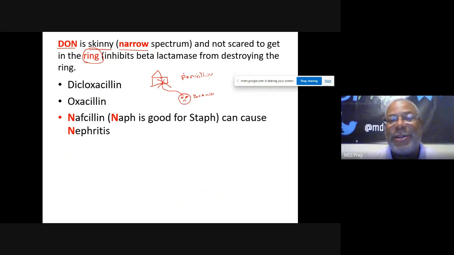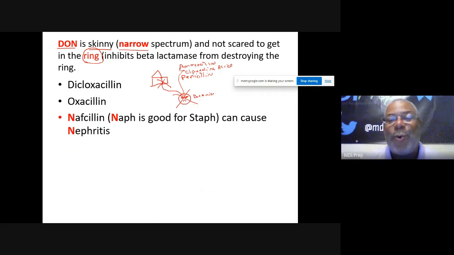So let's just say we're talking about amoxicillin here, right? So amoxicillin says, wait a minute, I need some help. So then amoxicillin gets help from clavulanic acid. And then together, they're able to defeat the bacteria. Does that make sense so far? Yes.